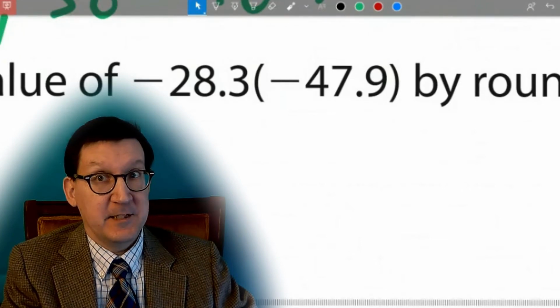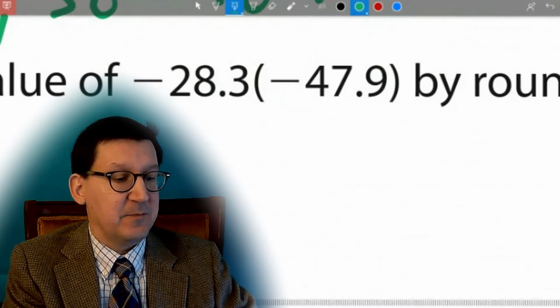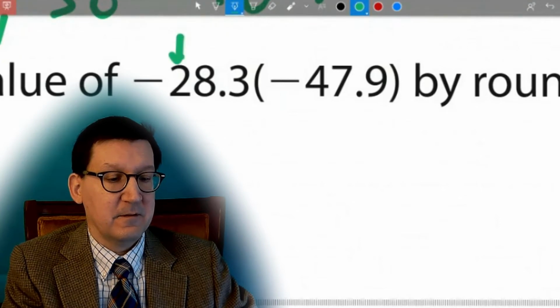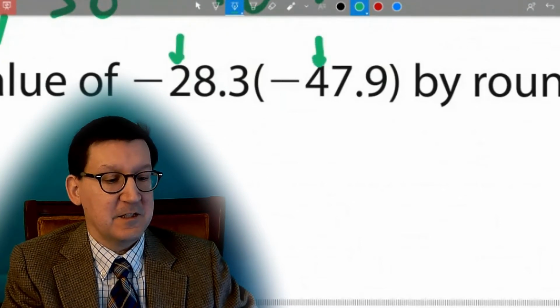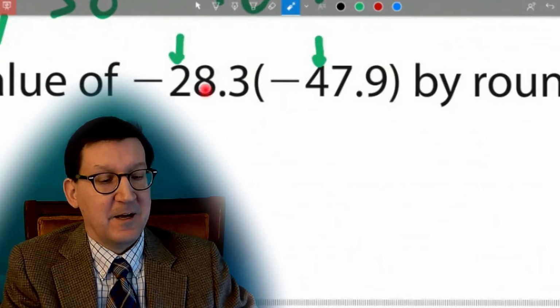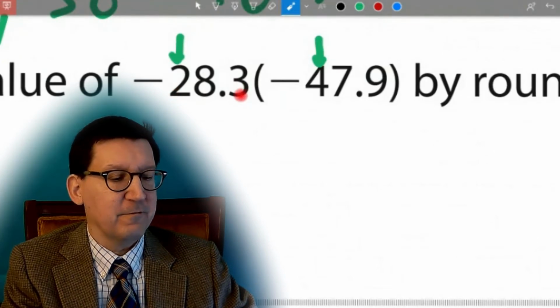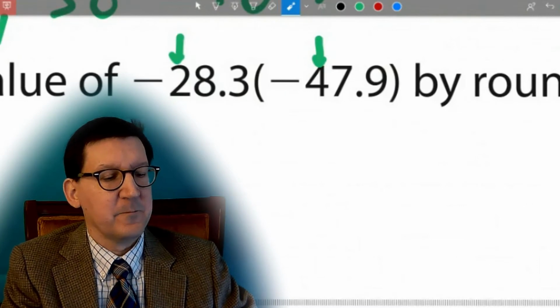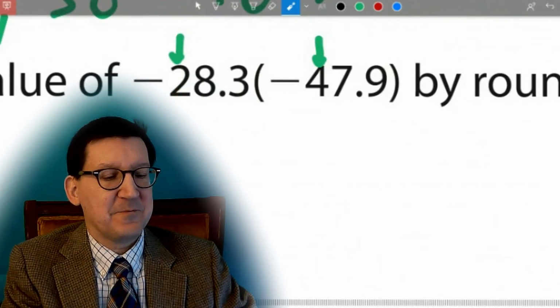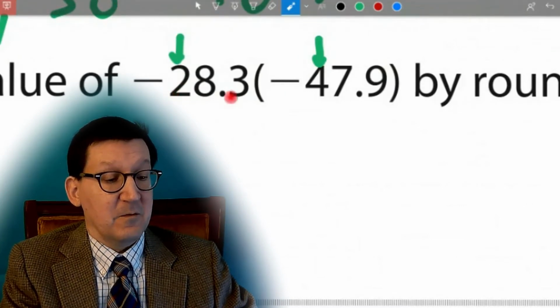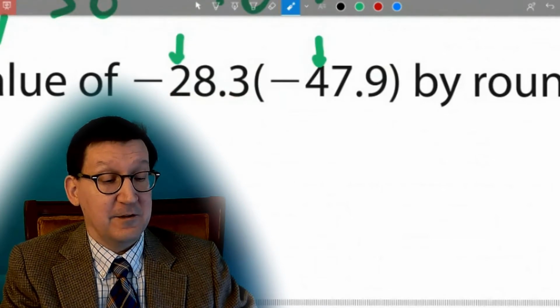Well, we have to go look at our tens place. Our tens place for both of those is right there, because this is the ones place, that's the tens place. If you go in the other direction, that's the tenths place. So if we're rounding to the nearest 10, negative 28.3 is really close to negative 30. So we can call that negative 30.